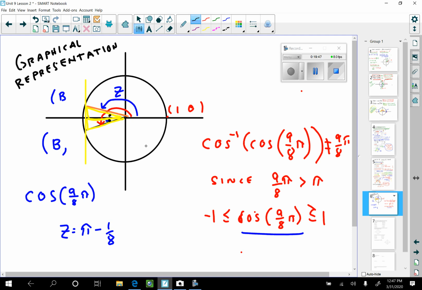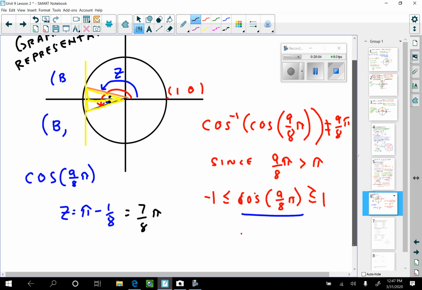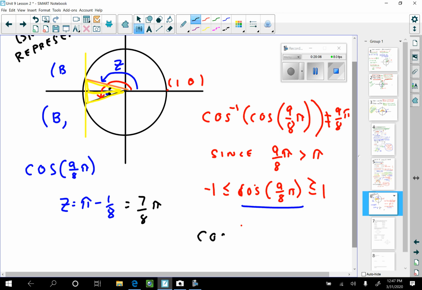It's 7/8 pi. Therefore, this Z is 7/8 pi. What do I know then? Therefore, this is equal to 7/8 pi.